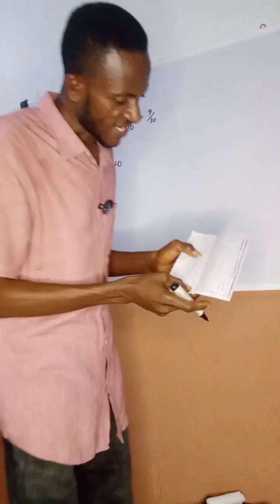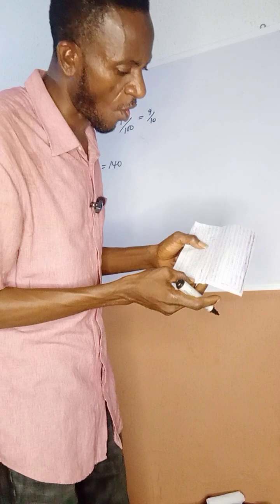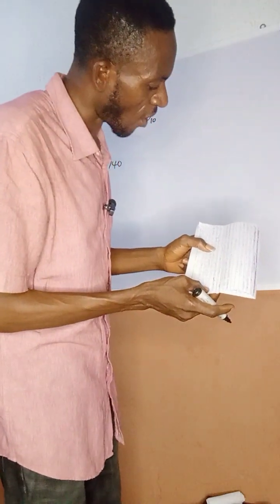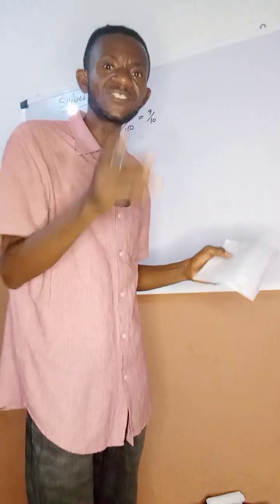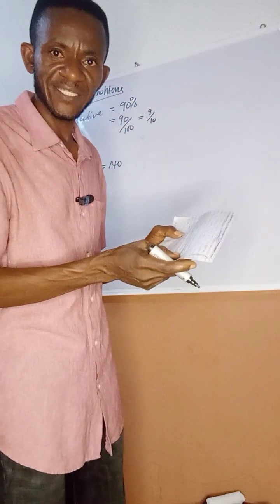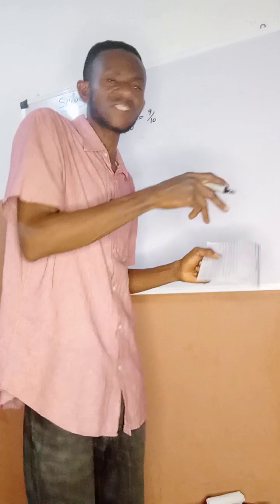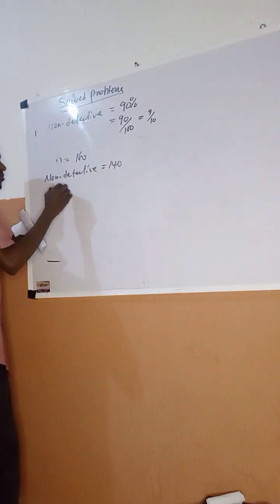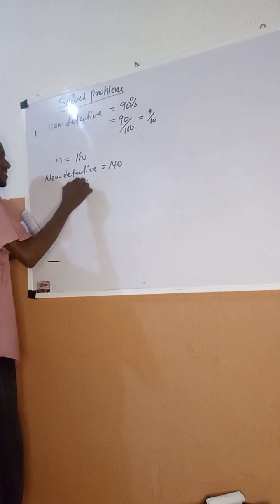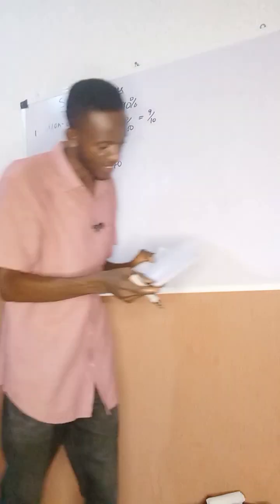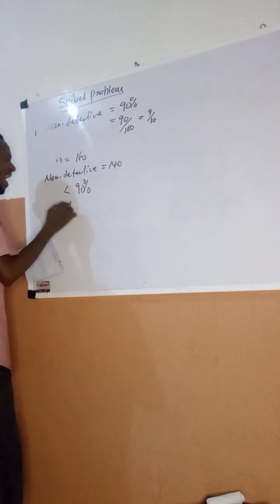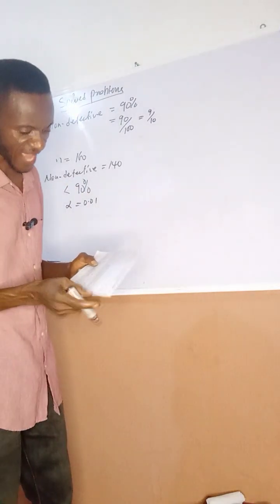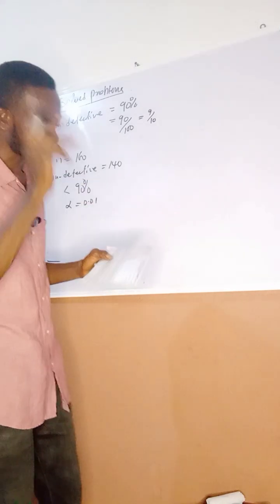They said to test this claim against the alternative hypothesis that the percentage of the non-defective is lower than 90%, at alpha equals 0.01. And they gave us a hint.